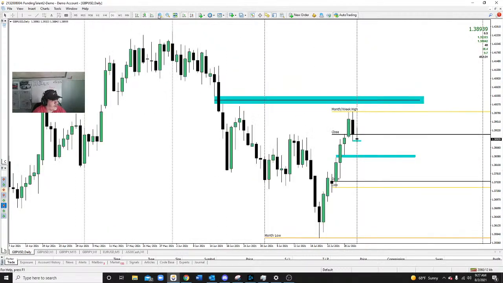If I wanted the highest probability and just sat on my hands, this would be the only thing I'm waiting for on GU, to be honest. Like, not trading any intraday until it gets down to here.